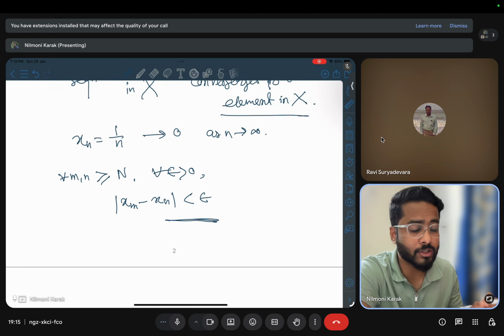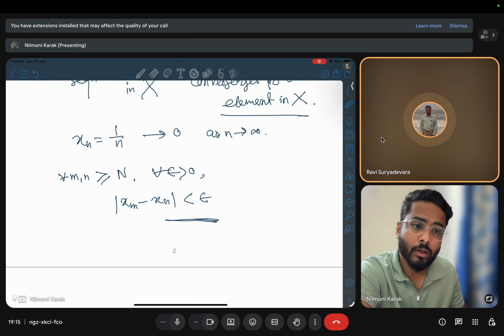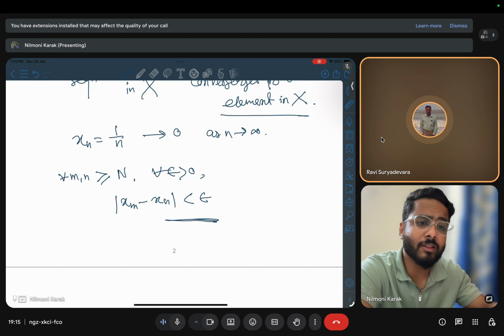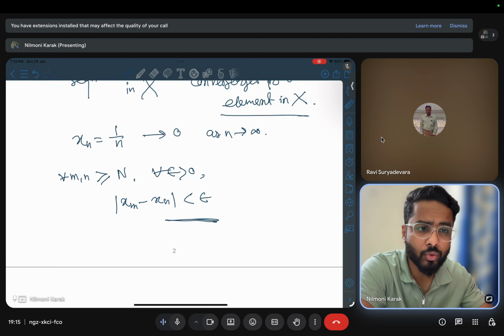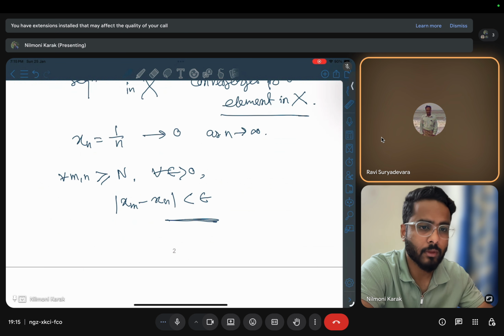But Cauchy does not always mean convergence. Whenever you are in a complete space, Cauchy means convergence.